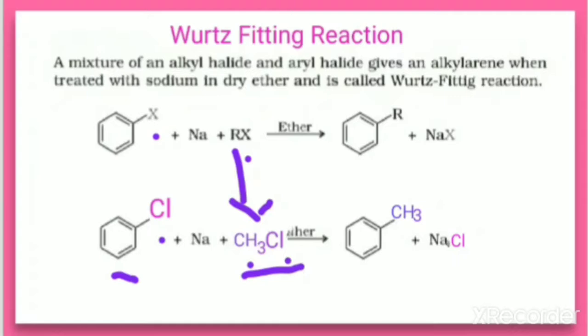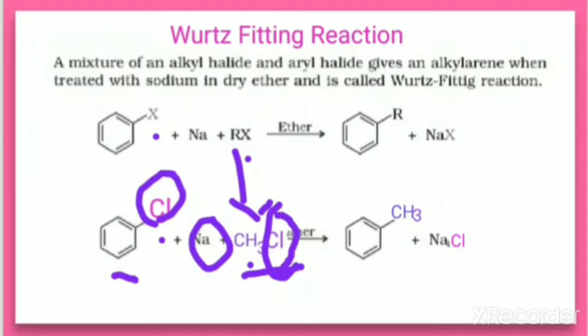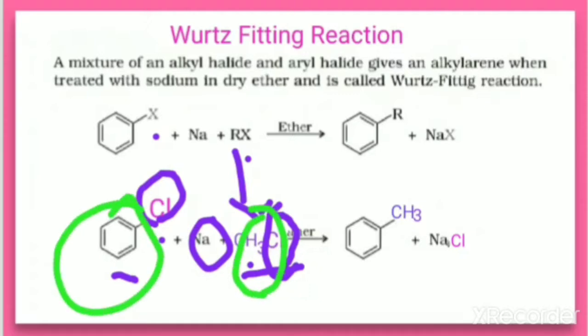Same way, when you remove the side product, that is Cl from here and Cl from here and 2Na from here, when you remove these side products, what is remaining here? The remaining part will be this part and this part. So where the bond breaks, the binding always takes place on that side. So here the bond is broken from this side.